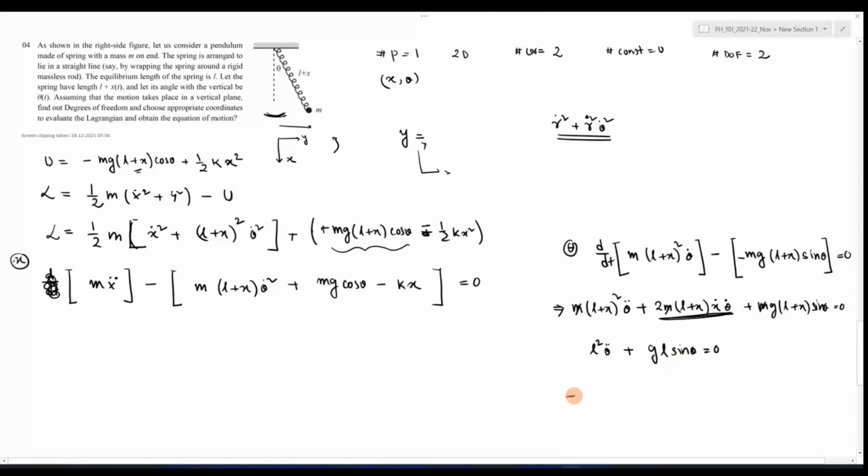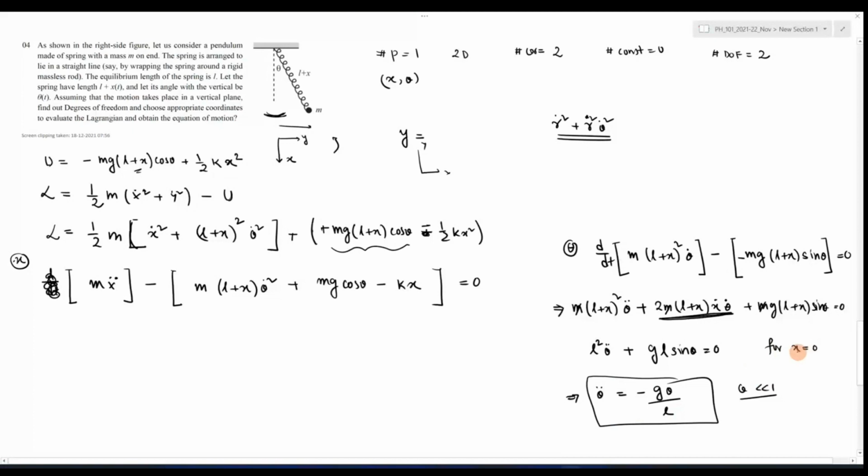Which will basically give us minus g theta by L for very small angle. So this is our simple pendulum equation, right? For x equal to 0.